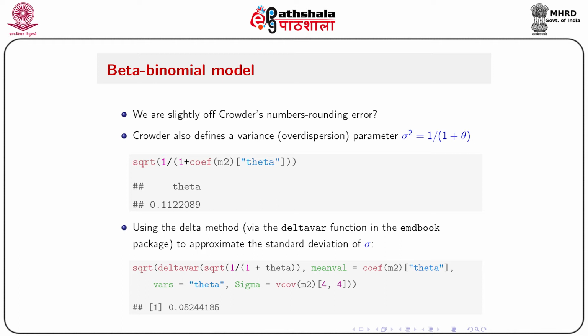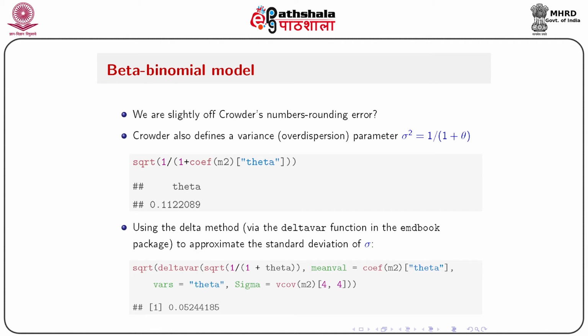Crowder also defined a variance parameter sigma squared equals 1 over 1 plus theta. So the square root of 1 over 1 plus coefficient of M2, within square brackets and double quotes theta, will give you the standard error of theta. The variance of this theta will be given by this.